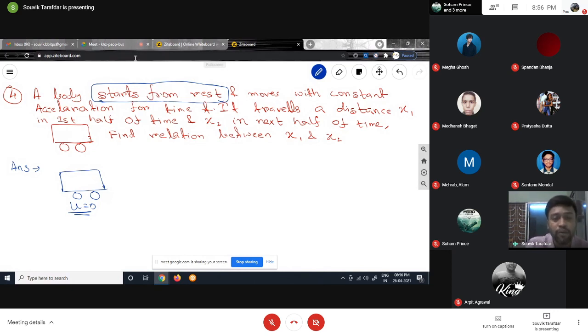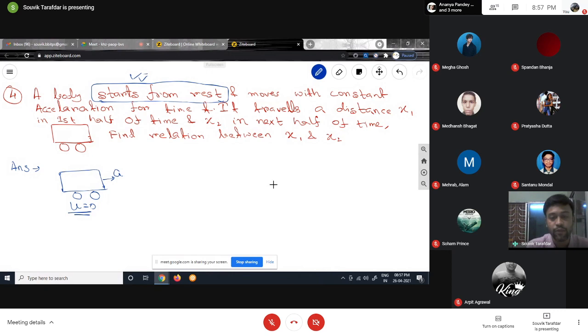From these small portions, you will get many information. So first it was at rest. Then it moved with constant acceleration. Let us take acceleration was A.